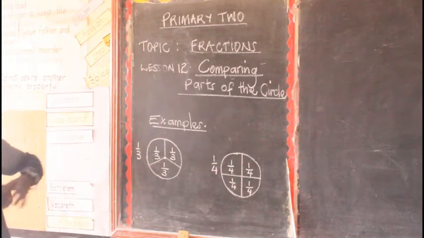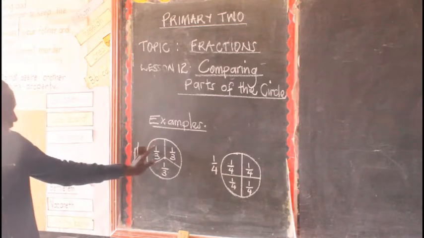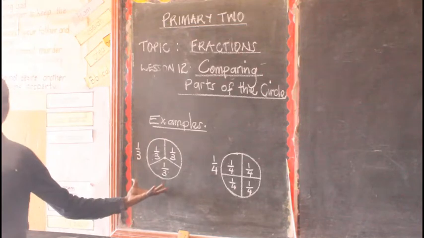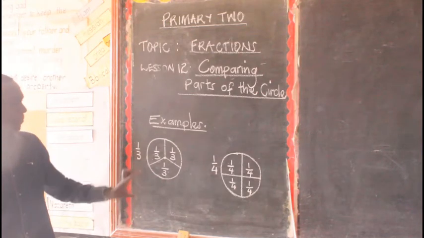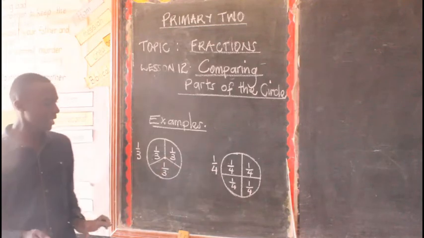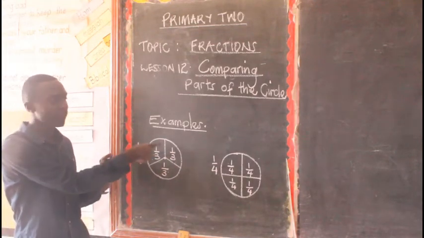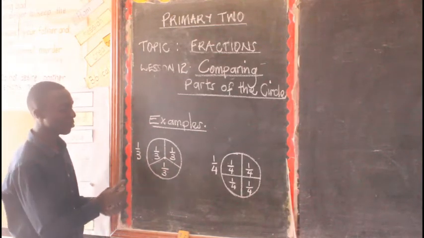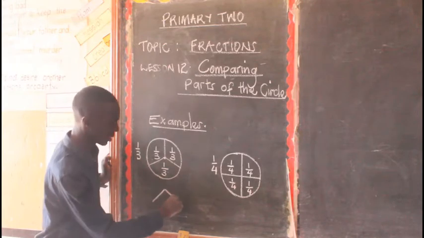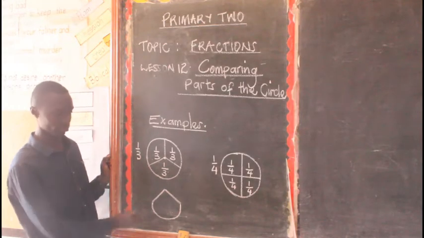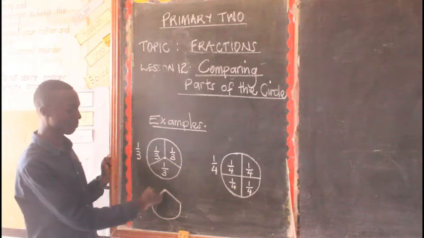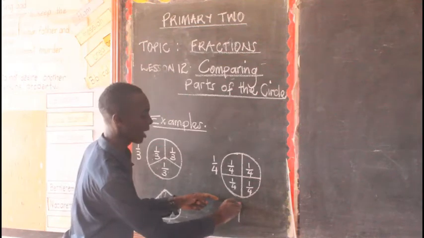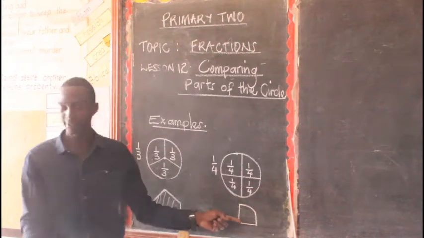Now, my good children, I want you to look at these parts of the circle properly. Which part is greater than the other? Is it that a third is greater than a quarter, or is it a quarter which is greater than a third? From here you will compare. If I remove one part, I can remove this down part, and I also remove one part here from our quarter, one quadrant.